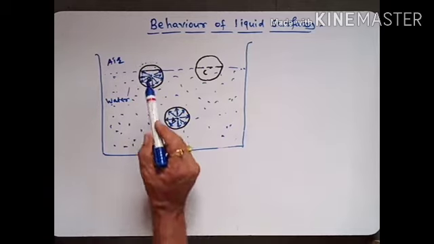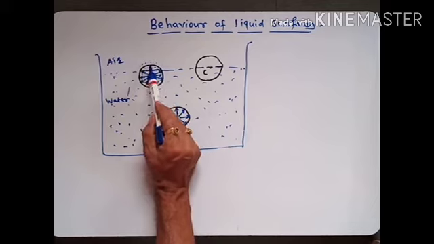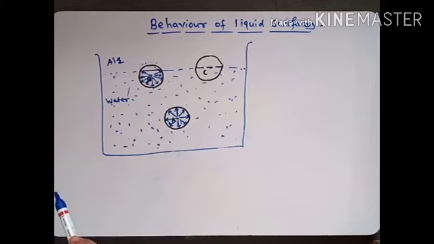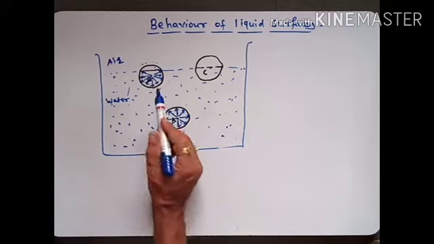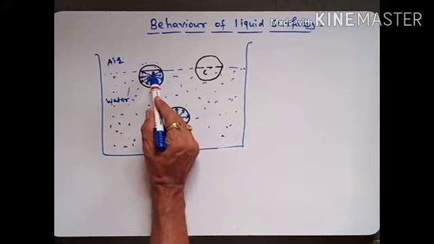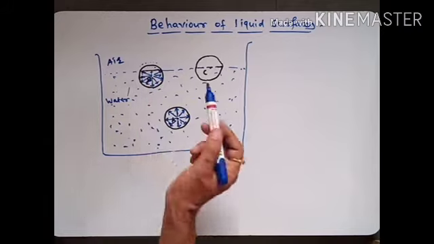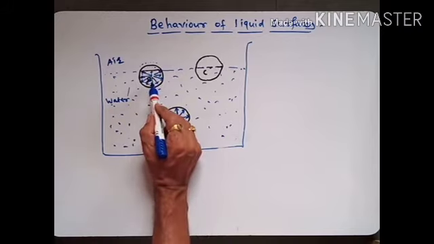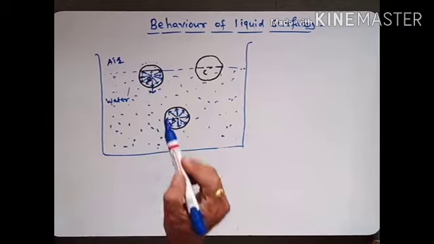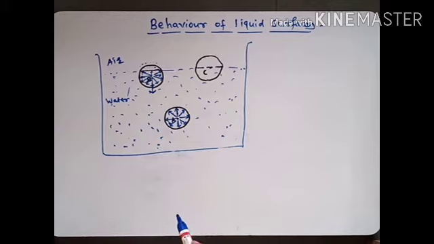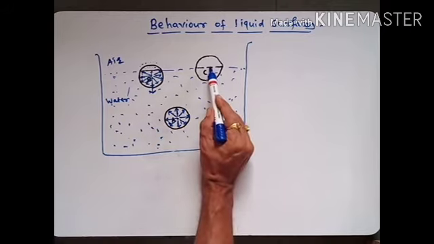But the air molecules in this part are less in number as compared to liquid molecules. Therefore, if we obtain the vector sum, the resultant of all the forces, the net force on molecule B is also in the downward direction.